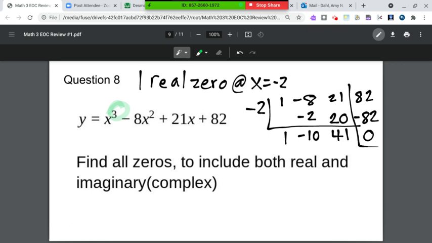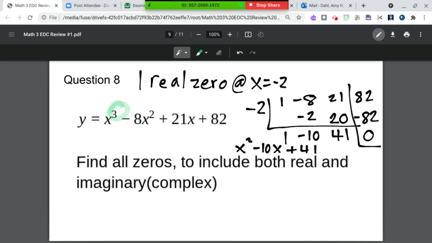I should have gotten 0 because I used a zero on the outside. Your remaining quotient is x squared minus 10x plus 41.